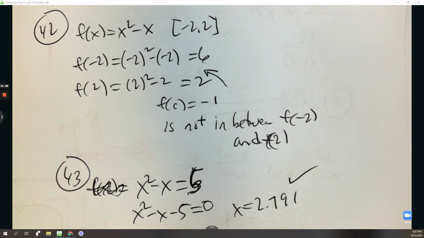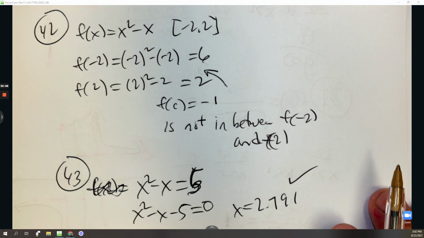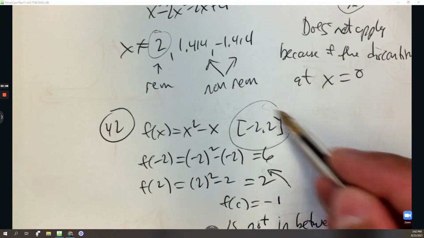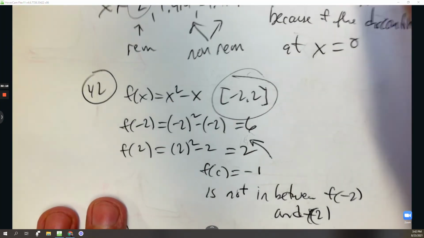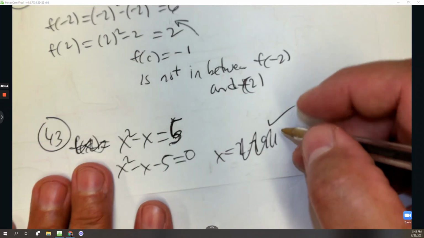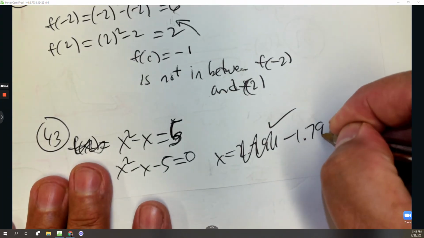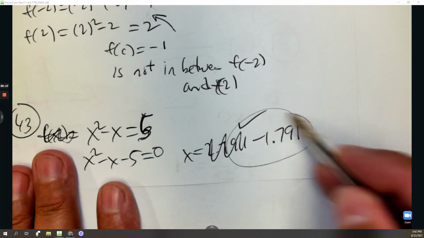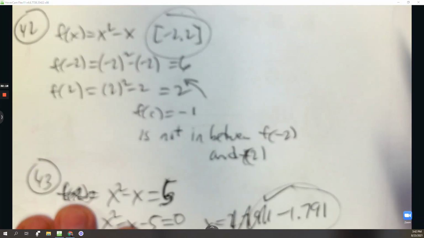Because it's the only one in the interval, not -1.791, right? Oh no, what's the interval? Oh sorry, the interval is between -2 and +2, so not this one. That's the other one. It's -1.791. That one is in the interval between -2 and +2.